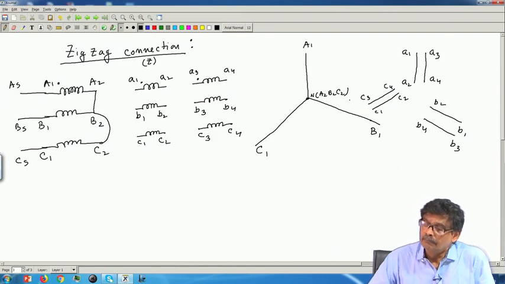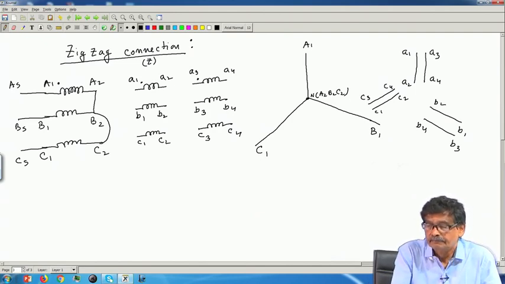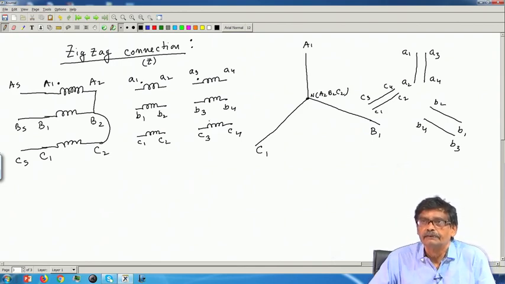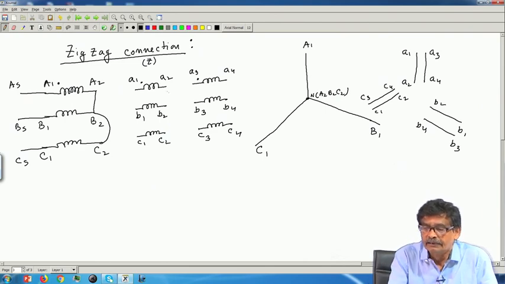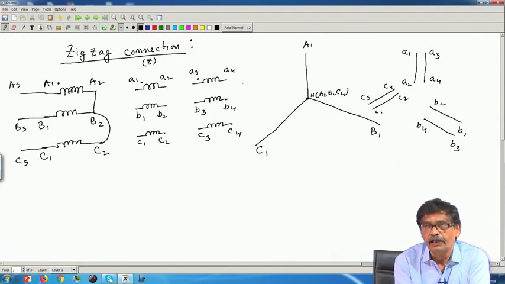Now, what does zigzag connection mean? These two secondary coils, you connect them in series. Okay. The rule is, take this is suppose group 1, this is group 2, you take A phase coil and connect in series with either B or C phase coils in the second group.